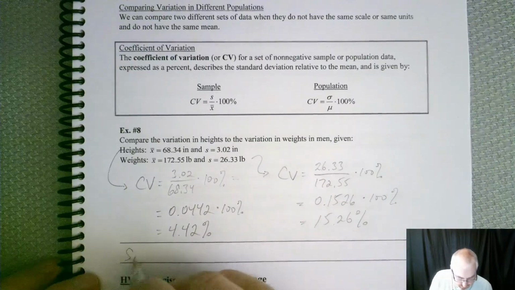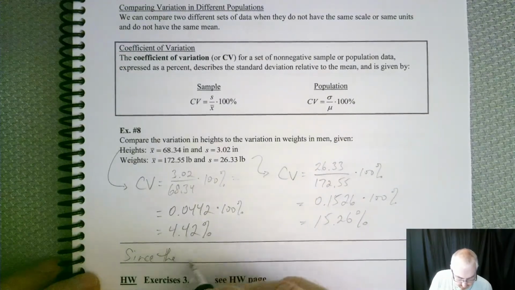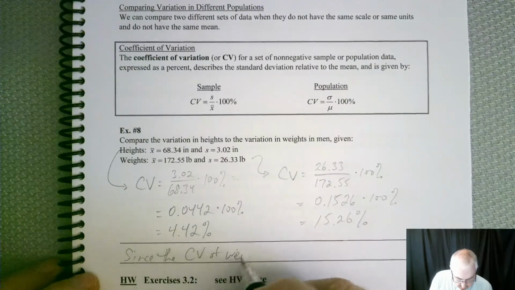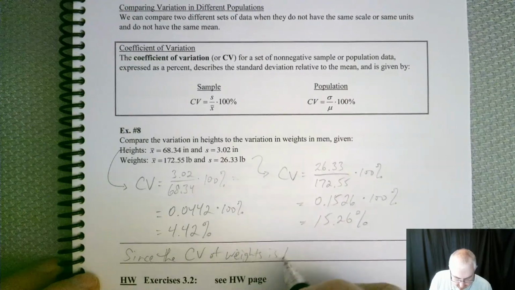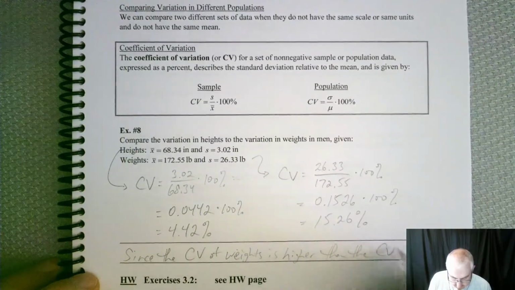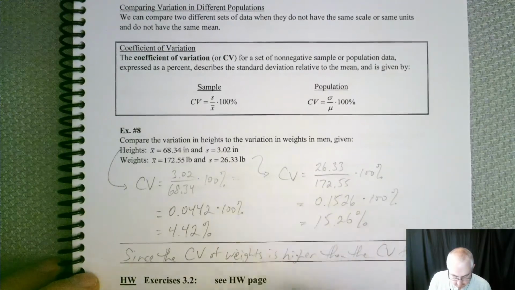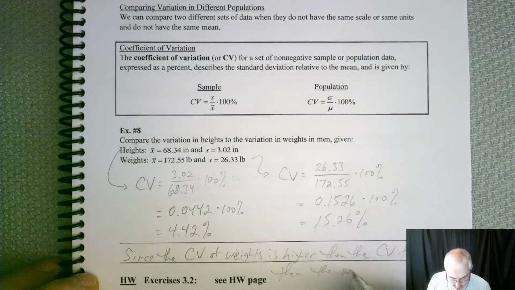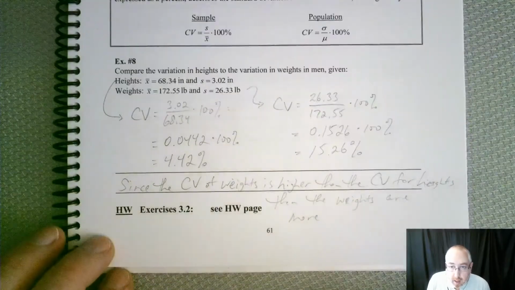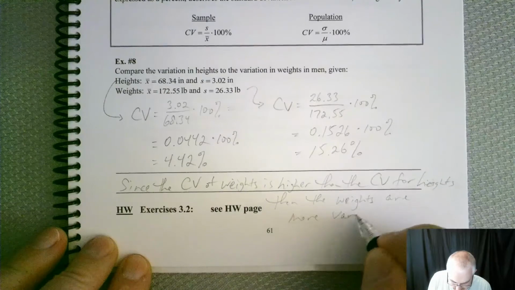So, since the CV of weights is higher than the CV for heights, then the weights are more varied.